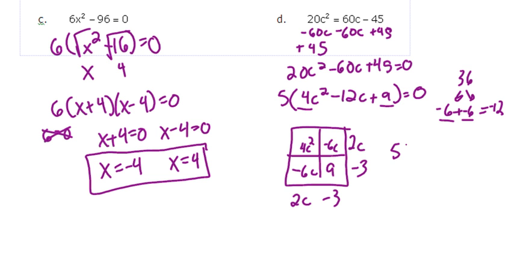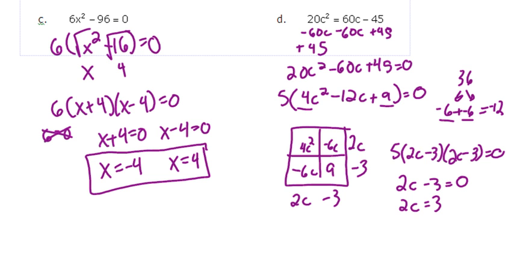So I have the 5 that I took out, and then I have 2c minus 3, 2c minus 3 equals 0. Again, since these two parentheses are the same, if I solve them separately, I'm still going to get the same answer, so I'm just going to solve one. I would add 3 and divide by 2, so I get 3 halves.